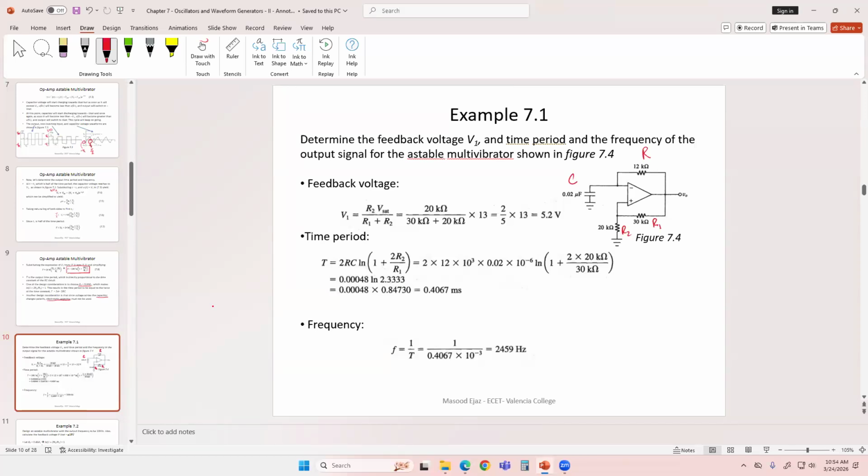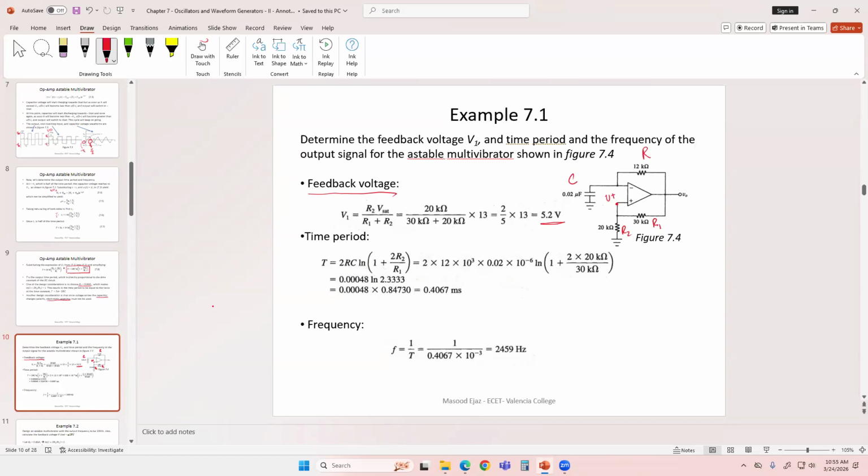The voltage at which it is going to switch, you can call it threshold voltage, but it's a feedback voltage V1, which is the voltage right over here at V positive. It is R2 VSET over (R1 plus R2), which will give you 5.2 volts. That tells you at what voltage the capacitor is going to switch from charging to discharging.